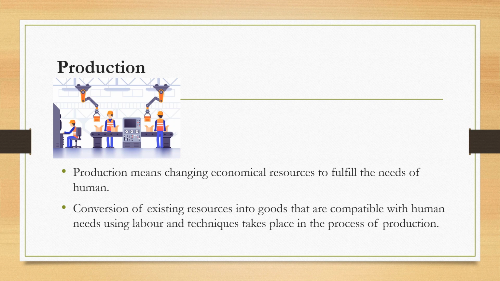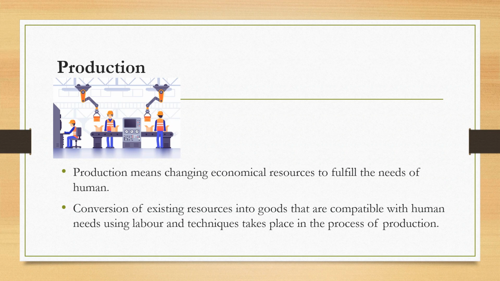In other words, the conversion of existing resources into goods that are compatible with human needs, using labor and techniques, takes place in the process of production. For example, we see water, soil, trees, and other mineral resources.